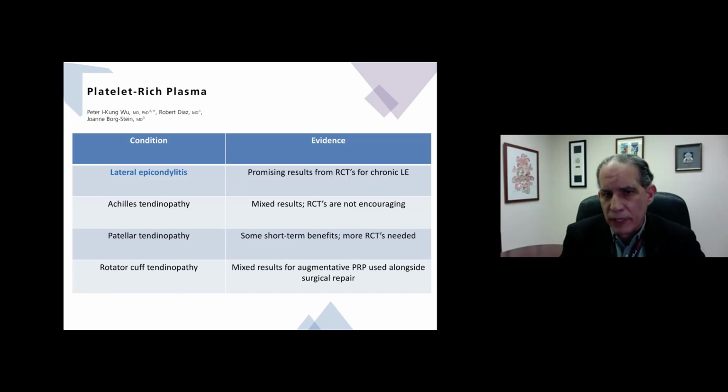In my opinion, the problem that we're facing is that there are different types of PRP, and that we have not been strict in terms of defining the type of PRP. Is it white blood cell rich, leukocyte rich or poor? What is the dosage and so on?